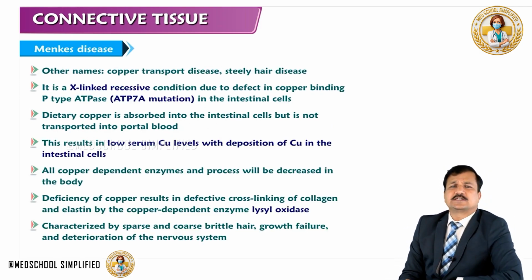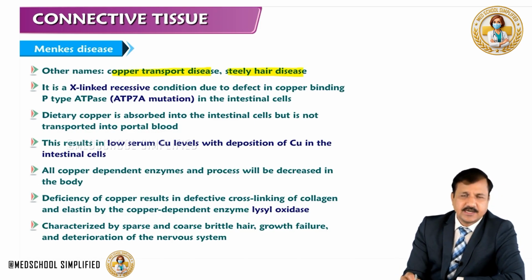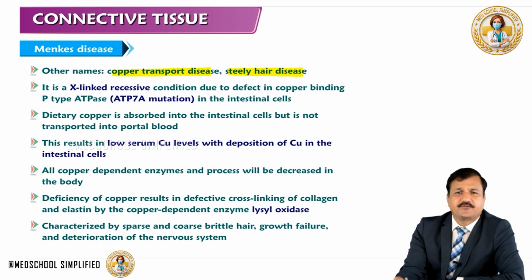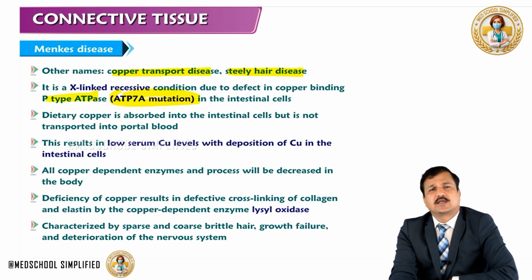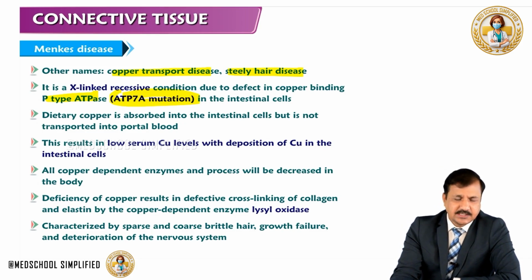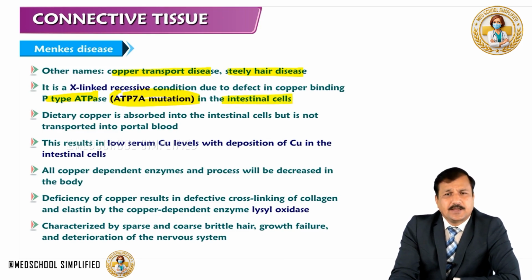Coming to Menkes disease. Other names for Menkes disease are copper transport disease or steely hair disease. It's an X-linked recessive condition, and that is because of a defect in copper-binding P-type ATPase, and the gene that is mutated here causing this disease is the ATP7A gene, which codes for P-type ATPase in the intestinal cells.